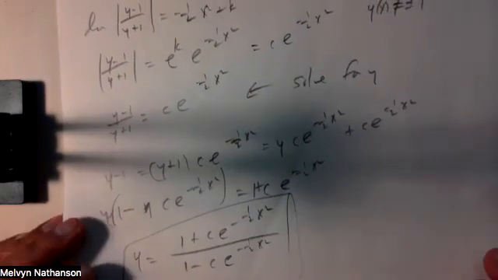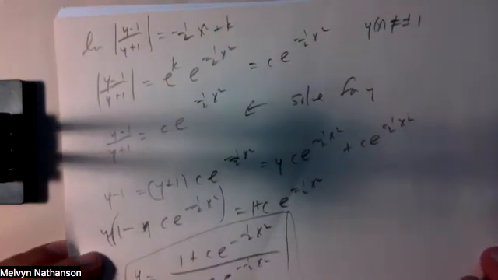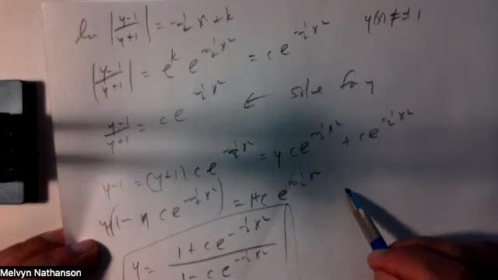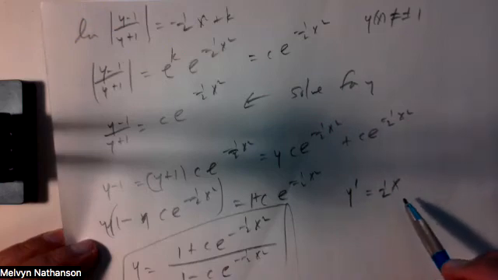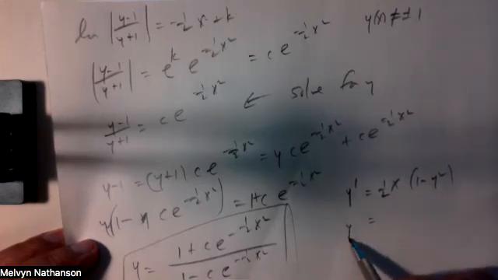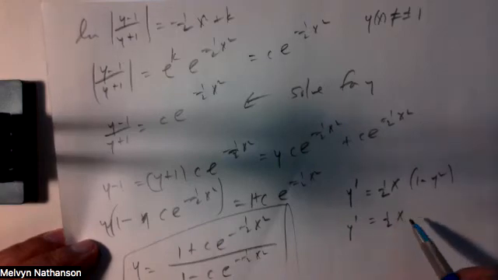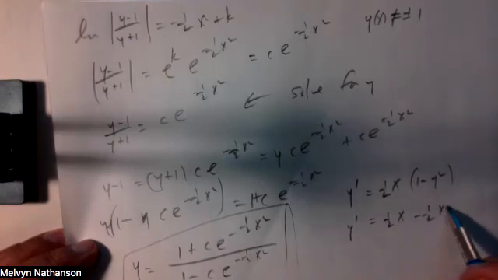in this problem, the differential equation we started with was y prime equals a half x times 1 minus y squared. That's y prime equals a half x minus a half x y squared. That's the same as y prime plus a half x y squared equals a half x.